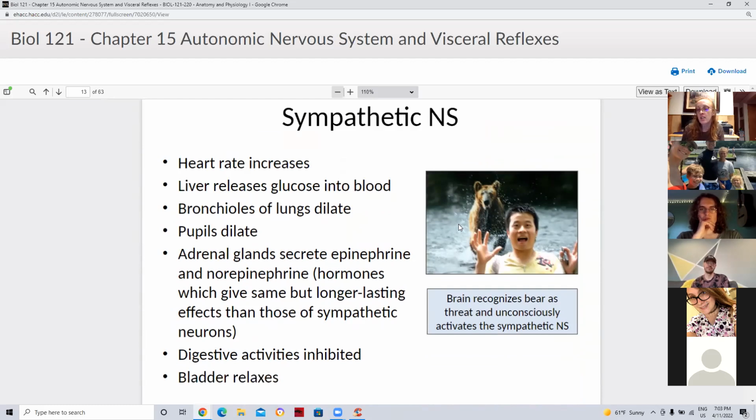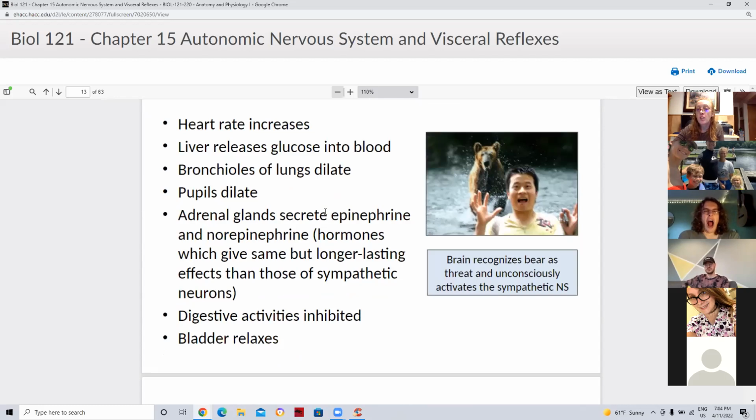Bronchioles dilate to allow for more ventilation into your lungs. Pupils dilate to let in more light. The adrenal glands, via those chromaffin cells, are going to secrete epinephrine and norepinephrine. They give the same but longer lasting effects than those of the sympathetic neurons. Digestive activities are inhibited and the bladder relaxes. You'll notice how little you have to pee when you're scared.